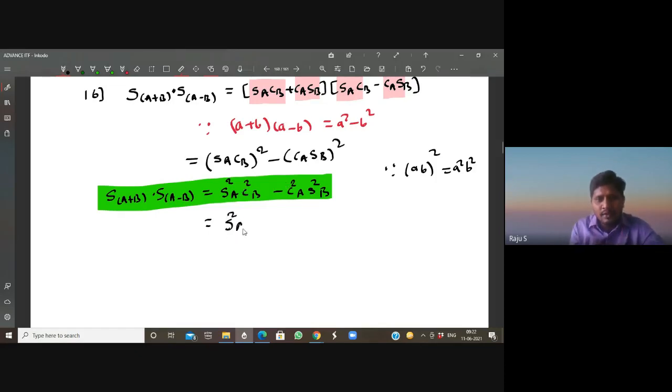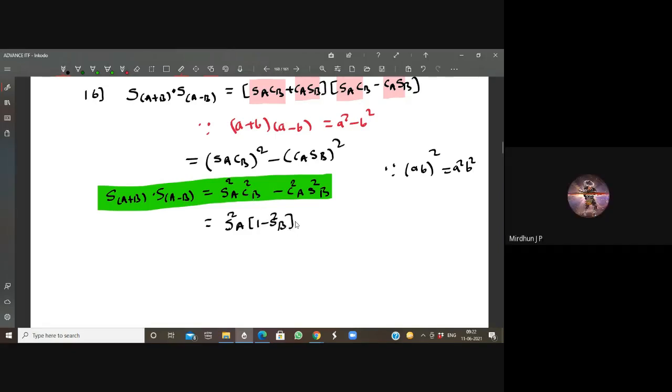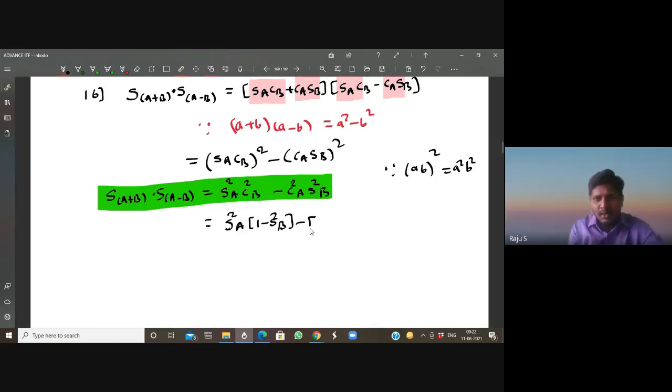Sin square A, shall I write this cos square B as 1 minus sin square B? Minus cos square A, can I write as 1 minus sin square A? Because cos square theta is 1 minus sin square theta. With the help of which formula have I written this?